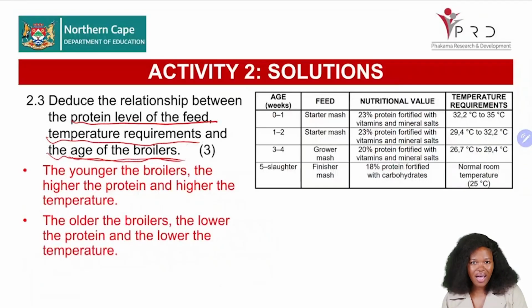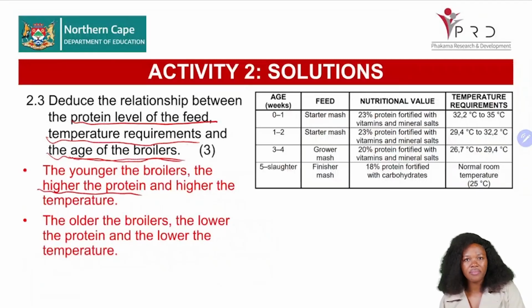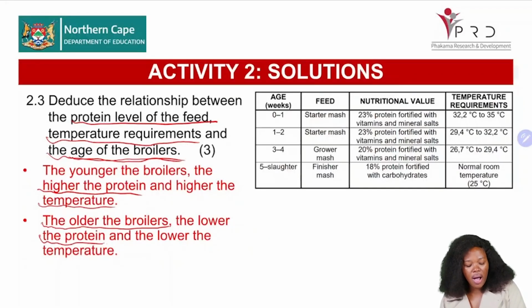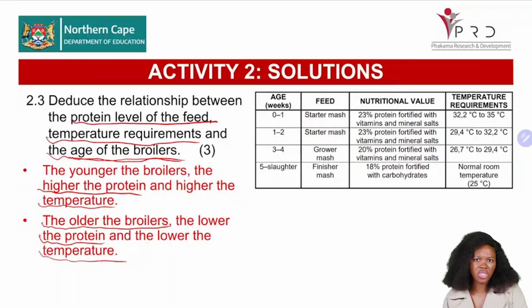The younger the broilers, the higher the protein and the higher the temperature. Young broilers need more protein and high temperature. But the older the broilers, the lower the protein and the lower the temperature.